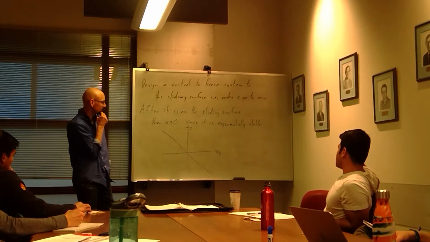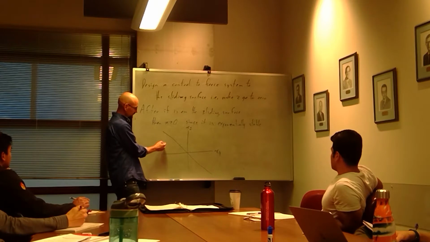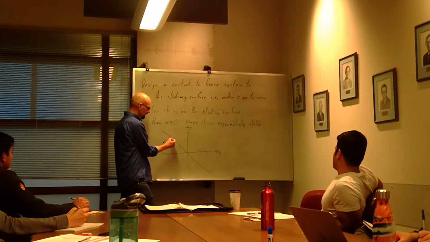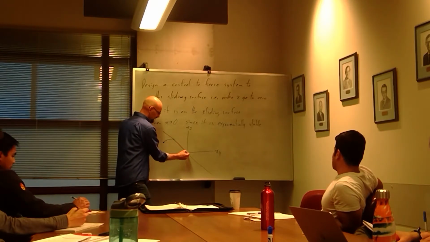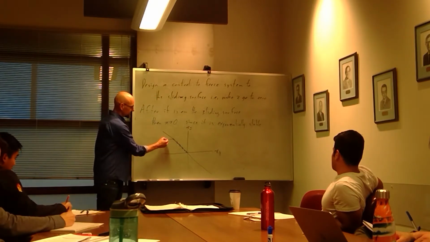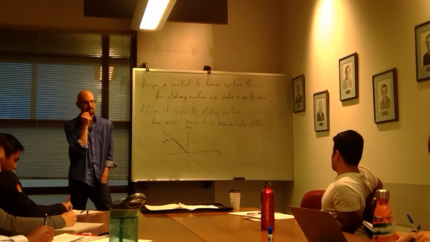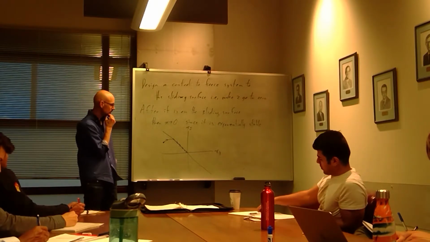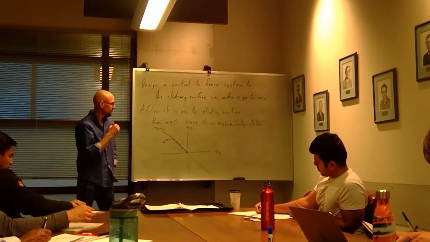The idea is to go onto the sliding surface. If your system starts here, you design a nonlinear control to force you to the sliding surface, and once you're on it, you just stay on the sliding surface and go down to 0. That's just the general idea. Make sense? So this is x2 equals negative x1, this sliding surface.